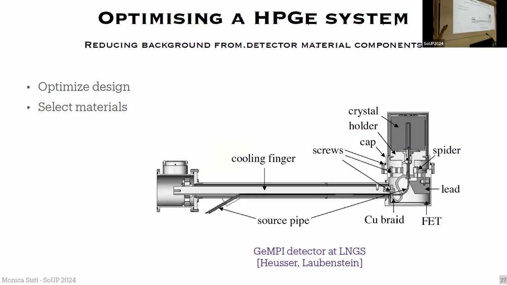So for optimizing a high purity germanium system, we said we have to select materials, but the design may also help you. If you separate sources of background from your detector, for example, this is the cooling system of the germanium, and this is the germanium crystal that is protected from the cold electronics by a lead shielding, then you also improve your background.